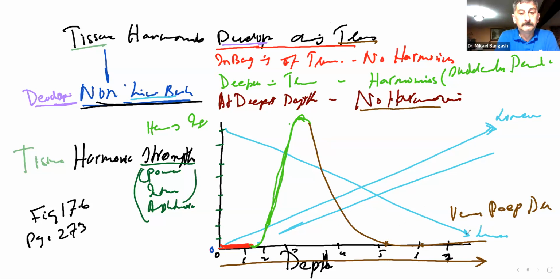Is that clear? So the strength of the harmonics will go back to zero? Yeah. Back to zero, or something close to zero.